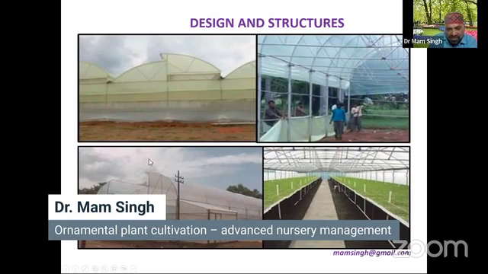If you have summer the entire year, then you can have a naturally ventilated structure with no curtains. Only insect-proof netting is put on from the outside up to the gutter height, and the top can be covered with polyethylene. These structures are enough to provide up to 70% ventilation, where our plants grow happily, and we can maintain the nursery.